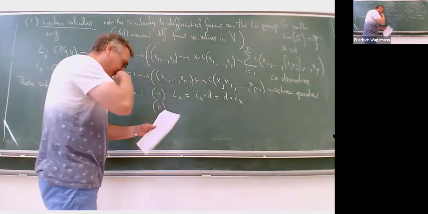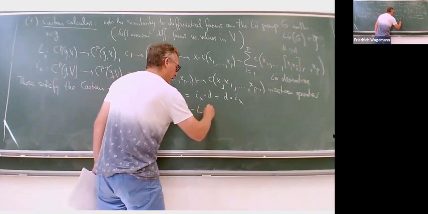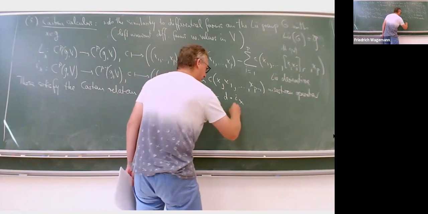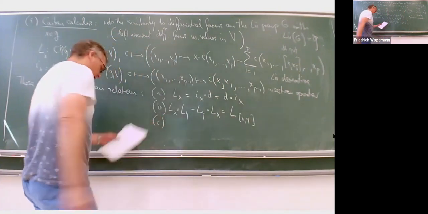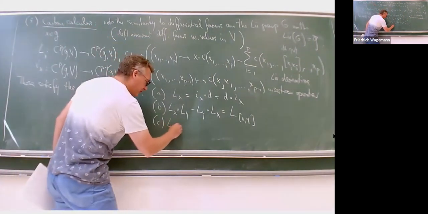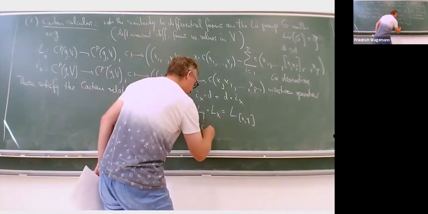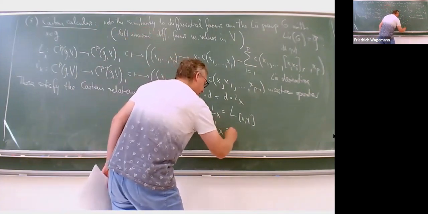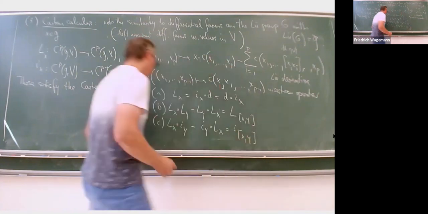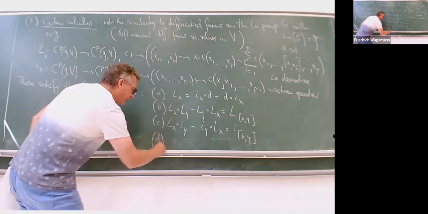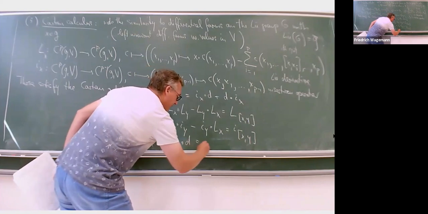Then Lx composed with Ly minus Ly composed with Lx is L of [x,y]. Lx composed with Iy minus Iy composed with Lx is equal to I of [x,y]. And then the last one is that Lx commutes with d.